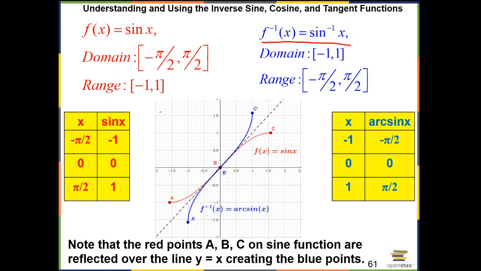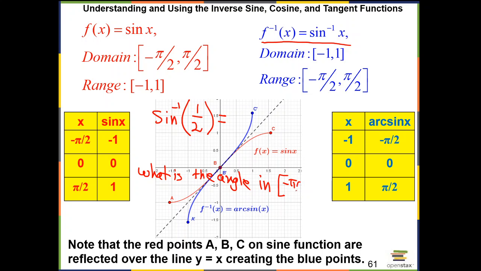Now, what does that mean? So when I write sine inverse of, let's say, 1/2, what is the question we are answering here? The question we are answering is this: what is the angle in the restricted domain only, because we work with sine only in that domain.